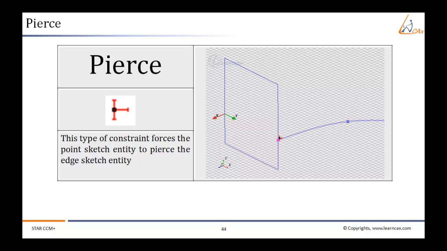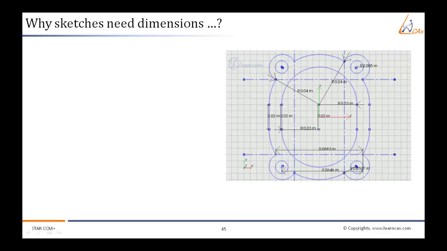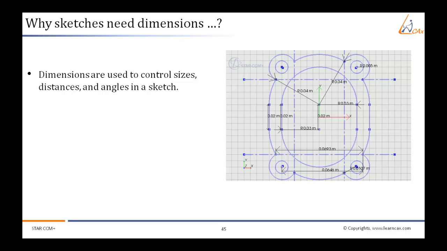An important topic after constraints is sketch dimensioning. Now you may ask, what is the need to put dimensions to sketches? Dimensions act in a somewhat similar way to constraints. They control or fix the final form of sizes, distances, angles in a sketch.